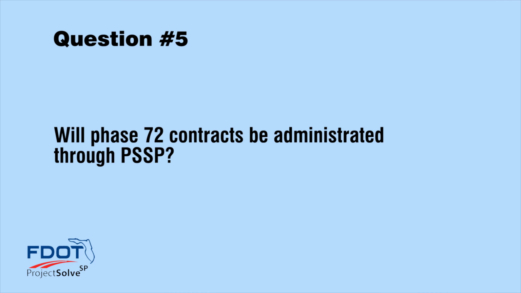Here's another one. Will Phase 72 contracts be administered through PSSP? That's a good question, and I'm not sure. Now, if it's a Phase 72 contract that's being run through Site Manager, that is a normal construction type Phase 72 and not an annual maintenance plan or something like that, it's possible that it could be put into PSSP, but that's something that we would need to address on a case-by-case basis.